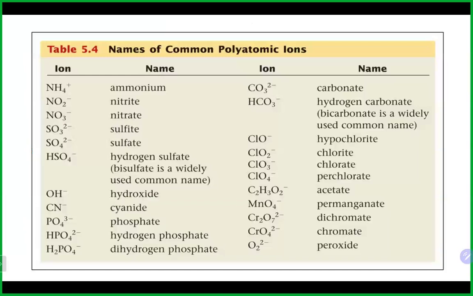So for example, if I look at NO3 minus that we just looked at and our NO2 minus, our NO3 minus is nitrate as we just talked about. The NO2 minus is nitrite.